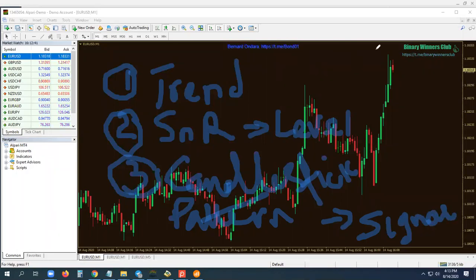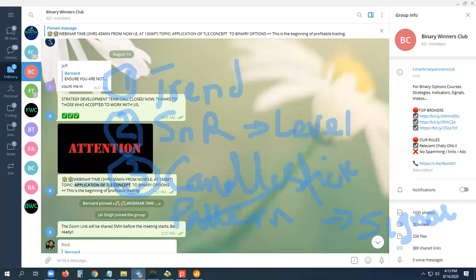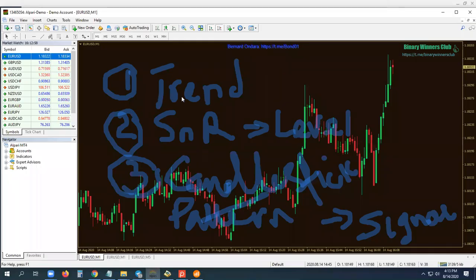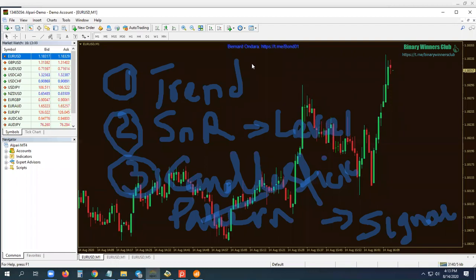For those who've just come in, we're talking about what I'm calling the application of TLS, from what I shared in the group. TLS stands for trend, level, and signal.